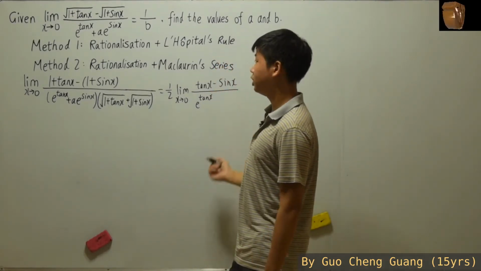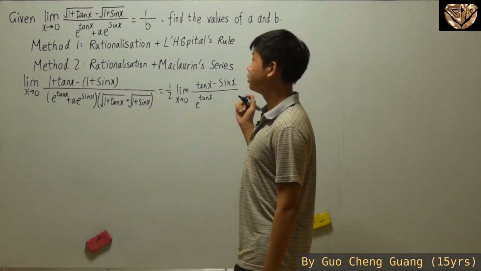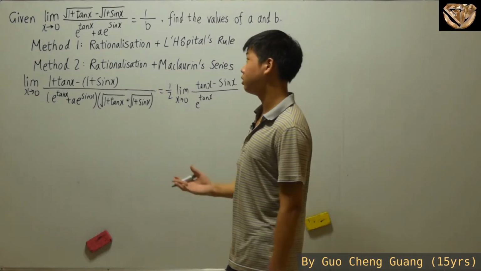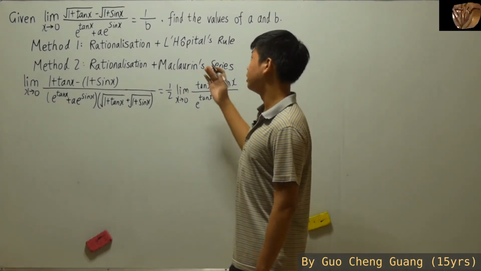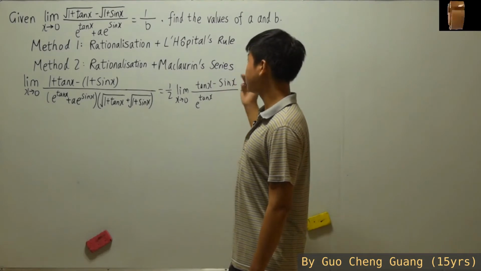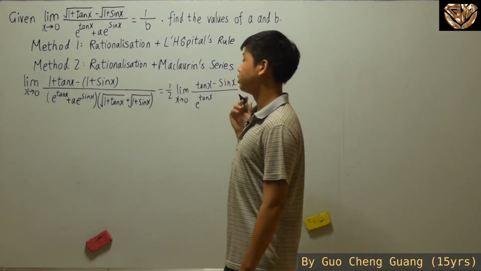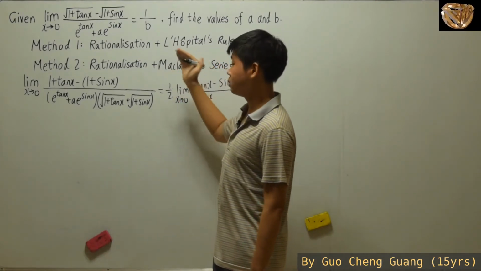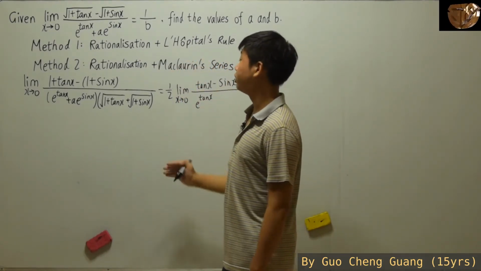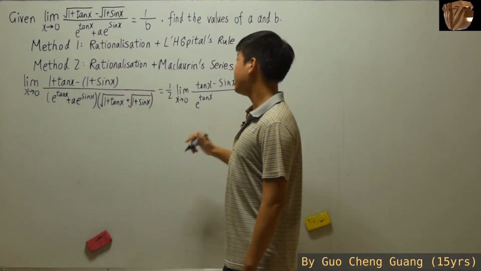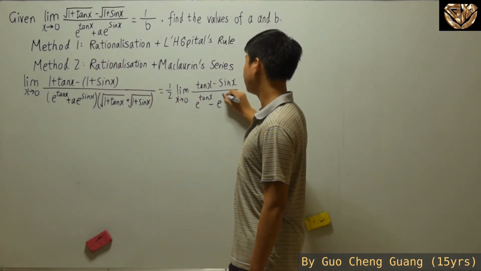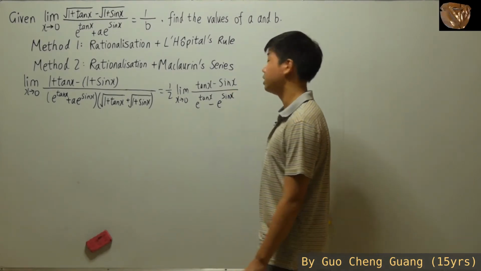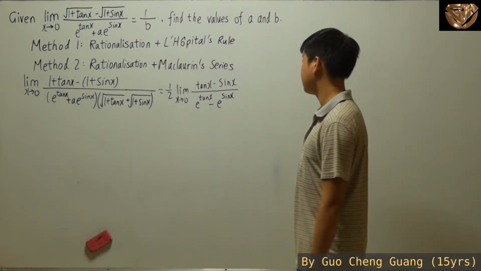We pretty much already know that this is a 0 over 0 form, since the numerator is 0 and the limit is 1 over b. In these questions, they won't give b as infinity, so in order to get an actual value, it has to be a 0 over 0 form, and for the denominator to be 0, a has to be negative 1. So this is what we are seeing over here, a 0 over 0 form.